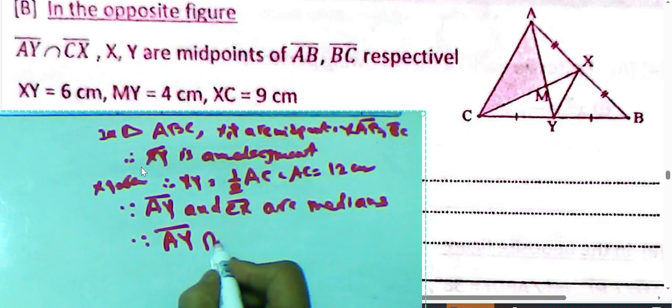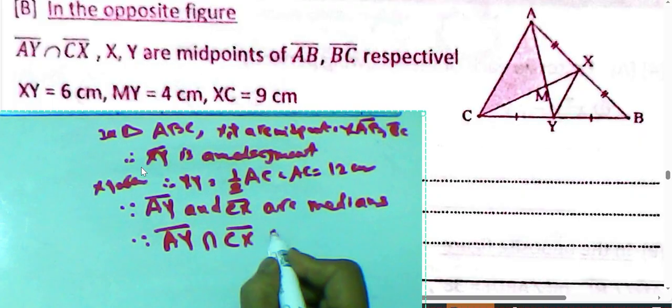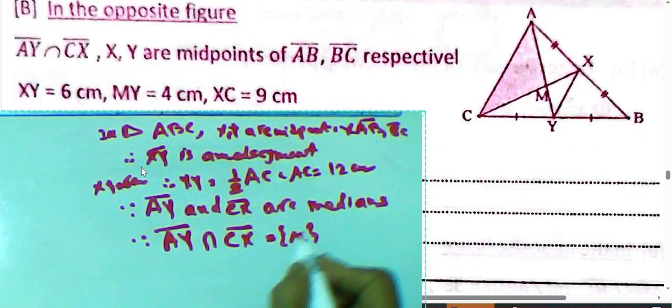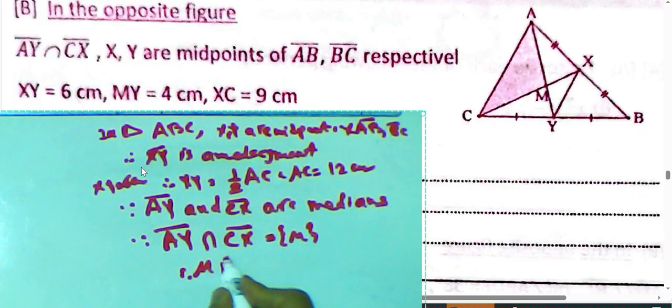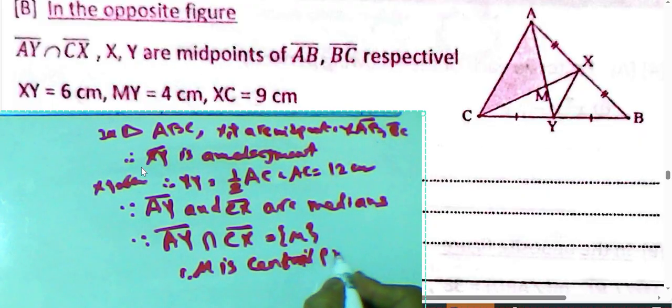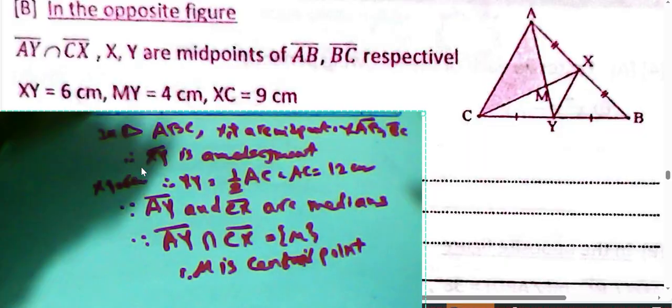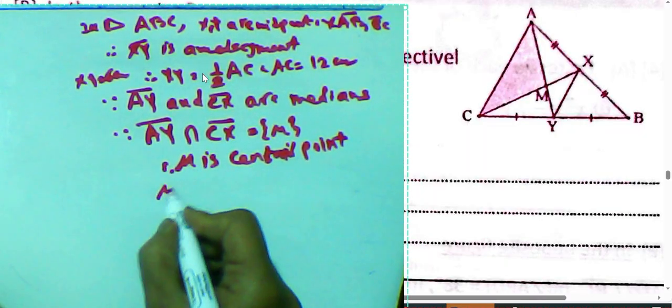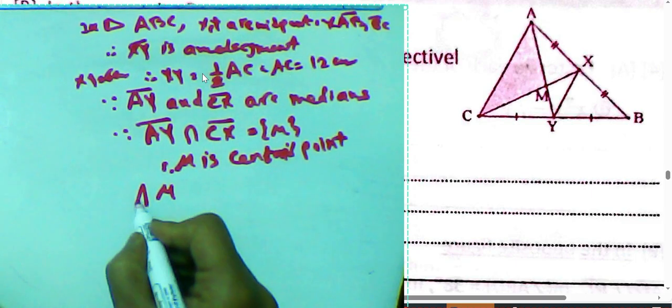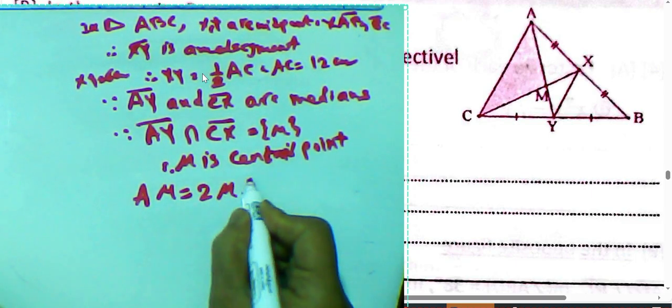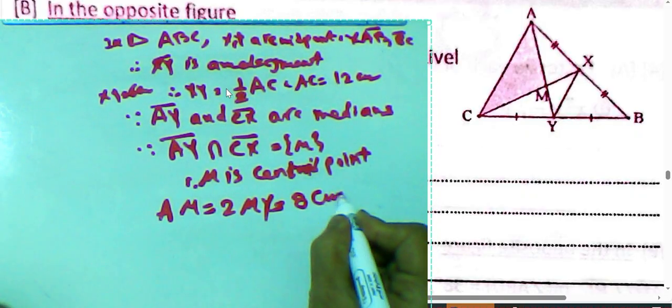AY intersects with CX at the point M. Then M is the centroid point. We have the centroid point here. Then we can find the length of MY or AM. AM will be twice MY. He gave me the example MY was 4. Then 2 times 4 equals 8 centimeters.